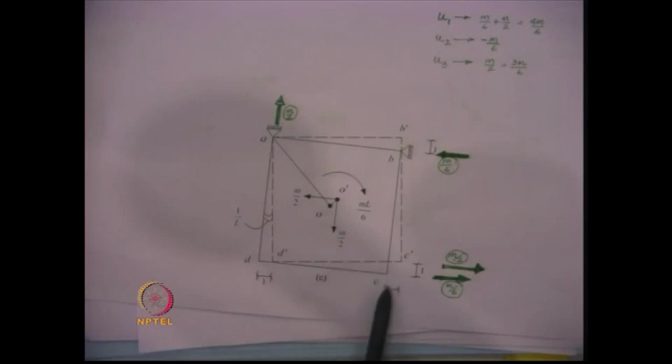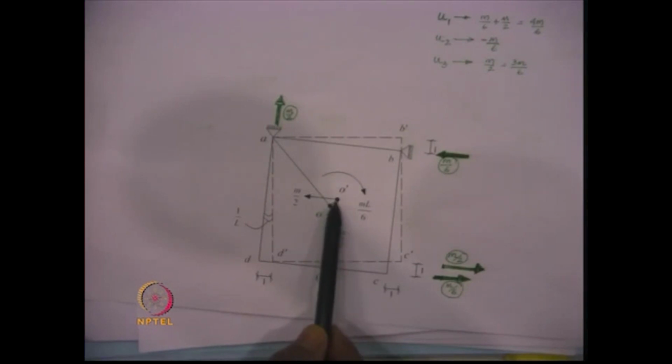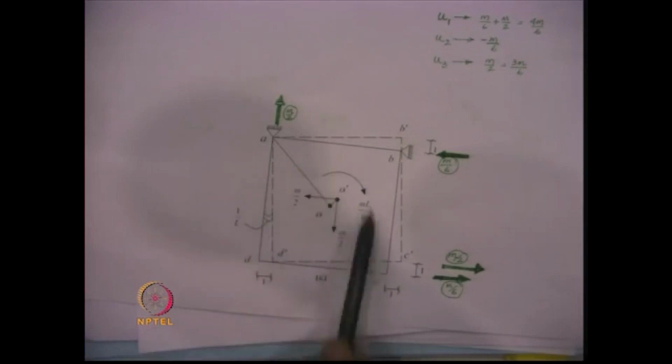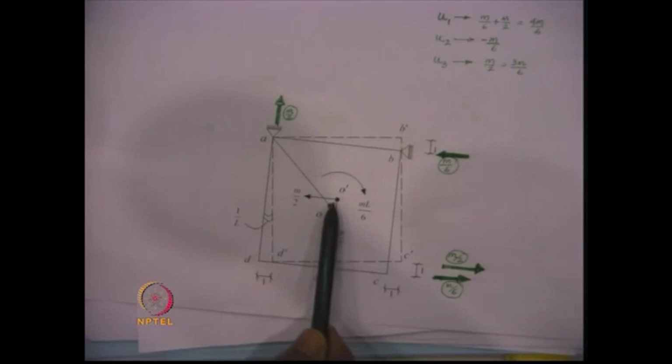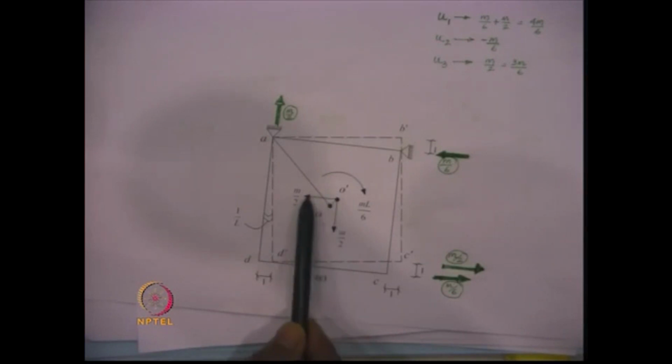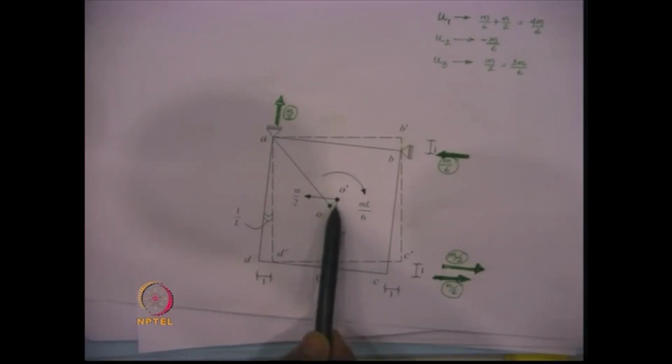Similarly, since this point has moved in this direction and this center has moved in this direction, therefore, the total mass lumped at the center moves in this direction, or the other mass acts in this direction and this mass acts in this direction.